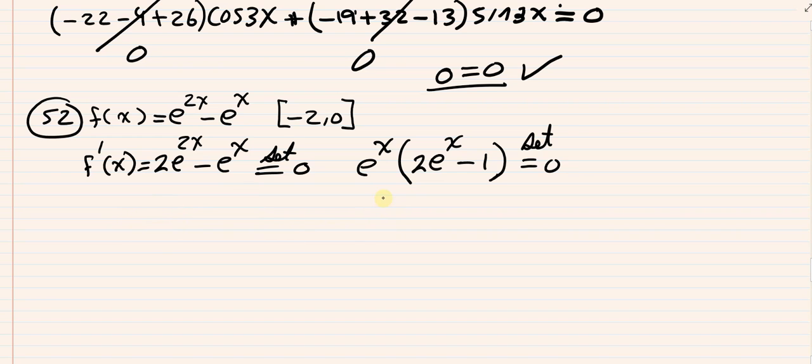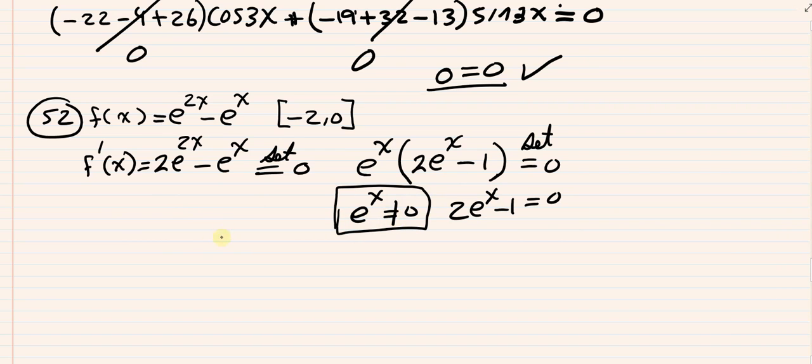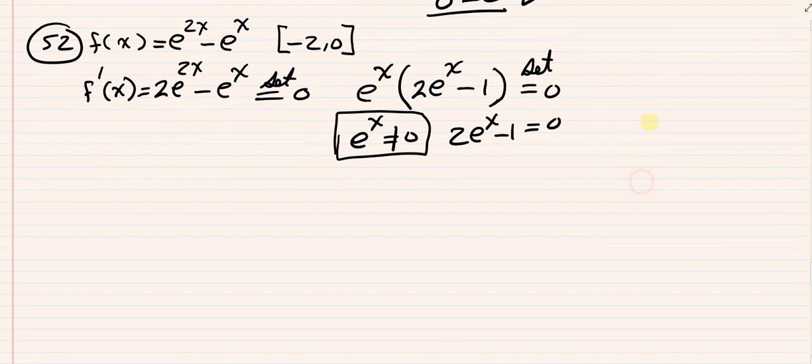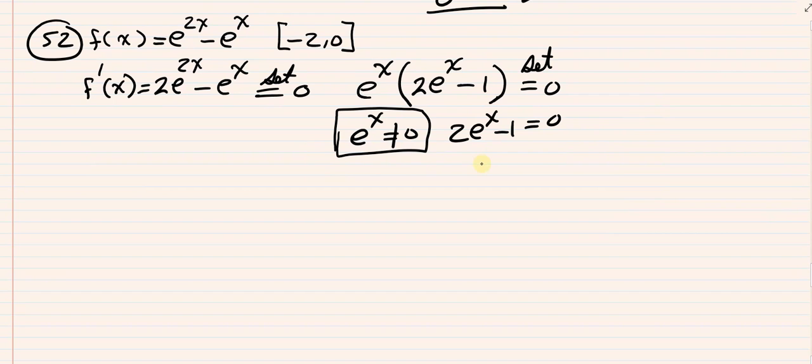All right. And so by zero factor principle, e to the x is 0, or 2e to the x minus 1 is 0. Well, e to the x will never be 0. Remember, the exponential function does not cross the x-axis. So that can't be. No 0 comes out of that expression. Now, e to the x is equal to 1/2, right? Move 1 to the other side, divide by 2, so that gives you 1/2.